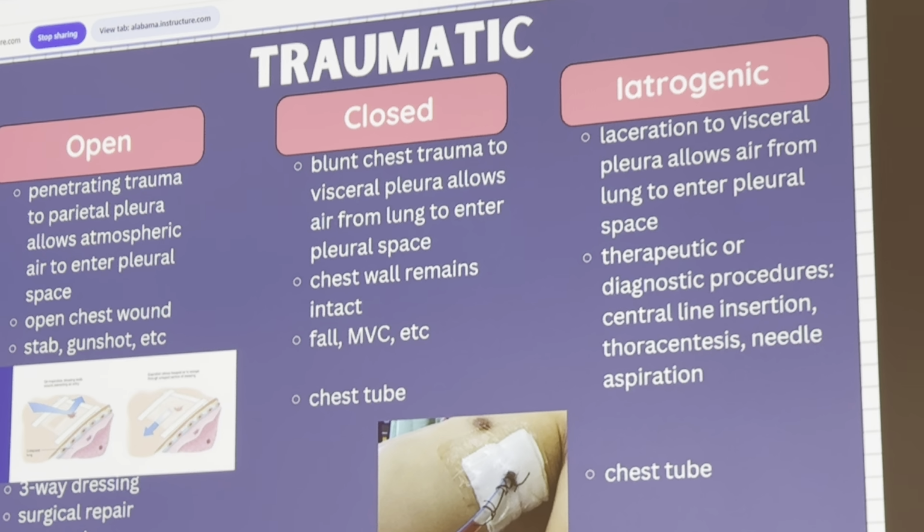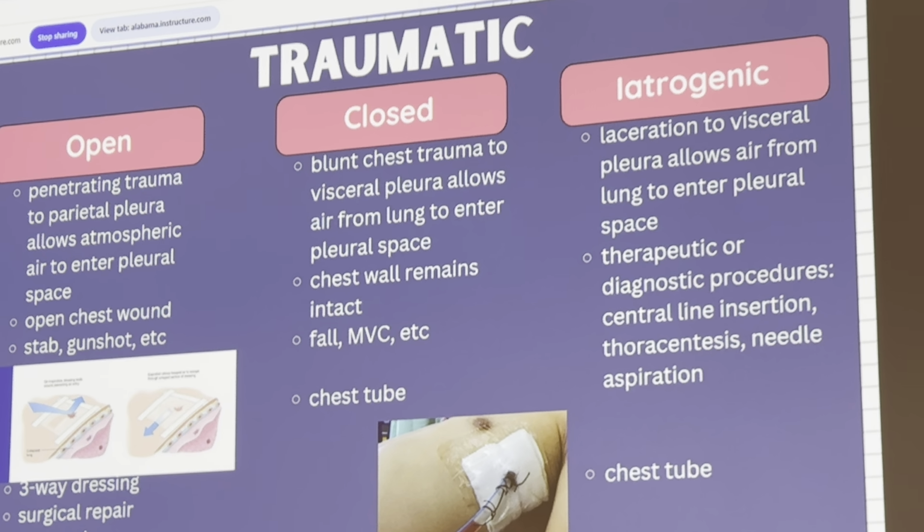The last one we're going to talk about is a tension pneumothorax. What you'll remember: emergency situation. All right, it's highlighted right there for you. This is an emergency situation. There's so much pressure that has developed within that intrathoracic space that it is causing airway compromise.